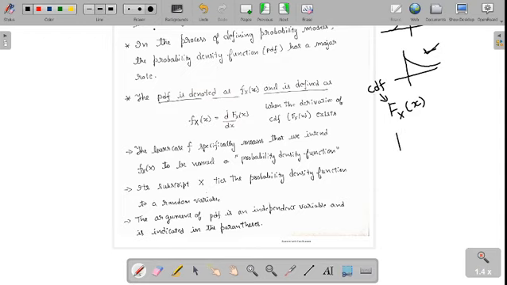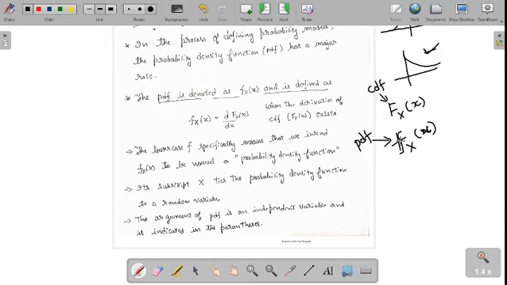If you write a small letter f, it indicates PDF. Here it should be capital X, because you are applying the PDF on a random variable. Again, here we will have small letter x since it's an argument. So this is the notation for PDF. Capital F is the CDF.